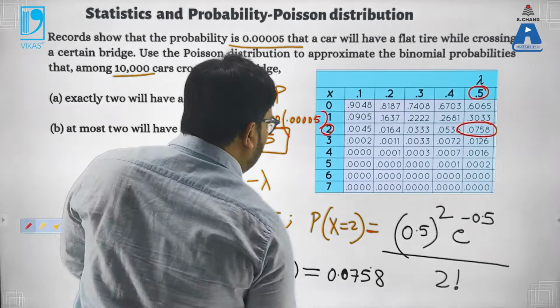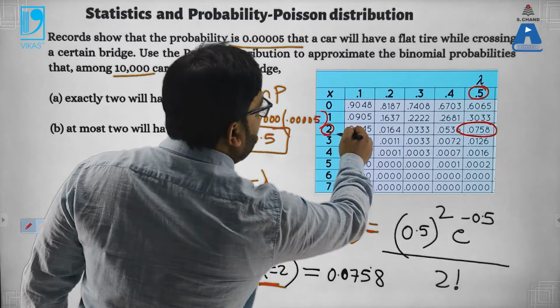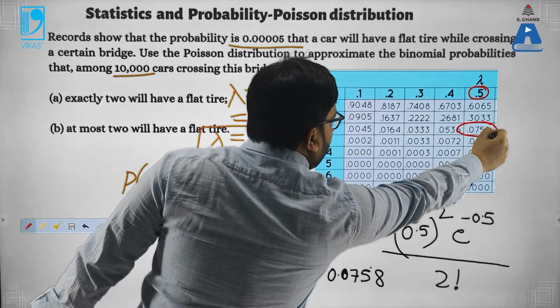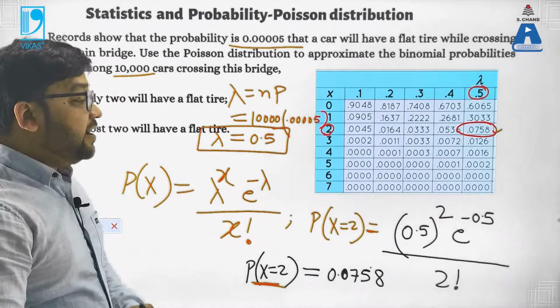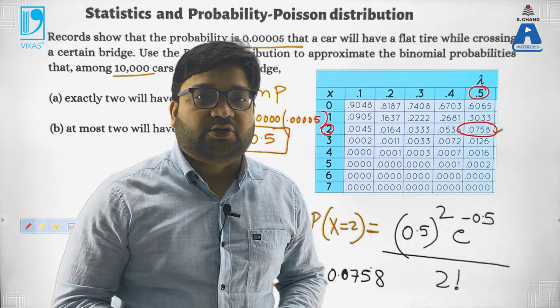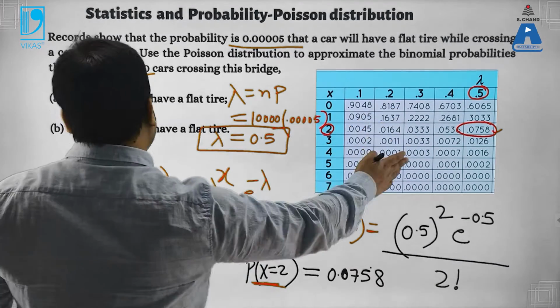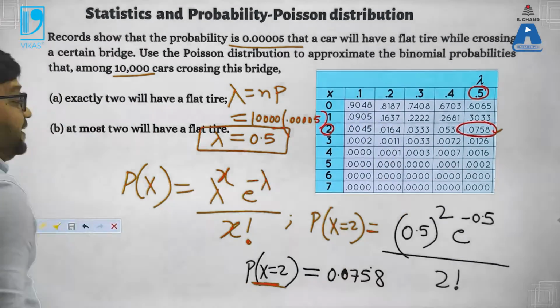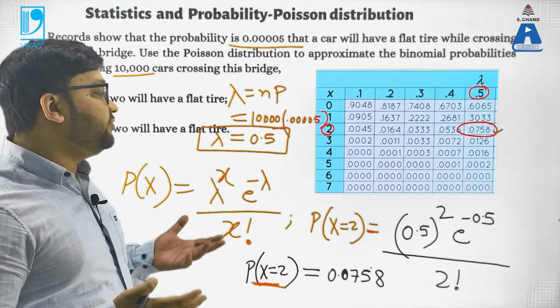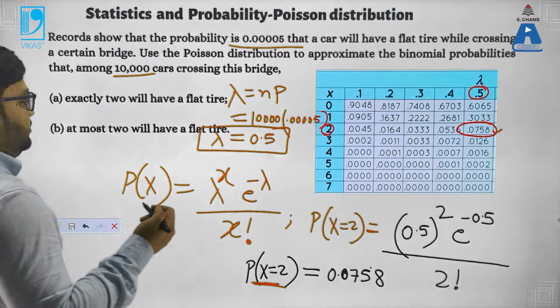So I could have simply looked up x equal to 2 and lambda equal to 0.5, and I'll reach this number. I can avoid doing the calculation. That is the point of the table. And this table we will use for the part B question here also to demonstrate how.